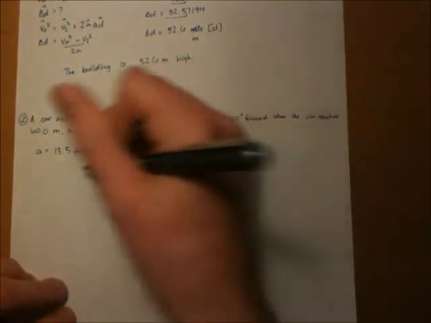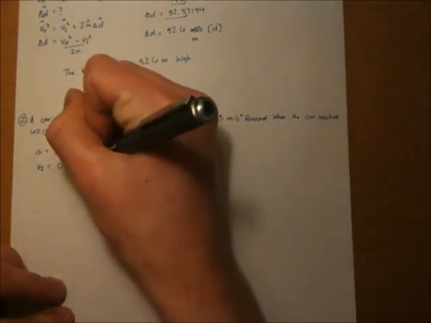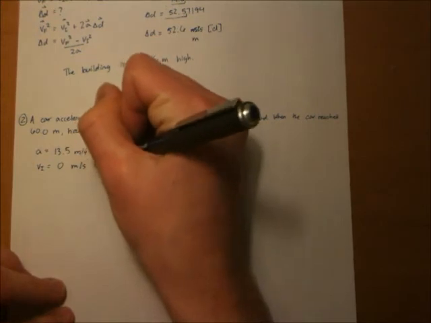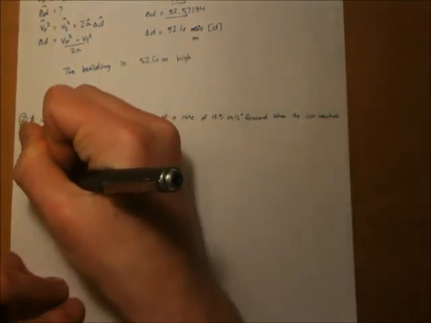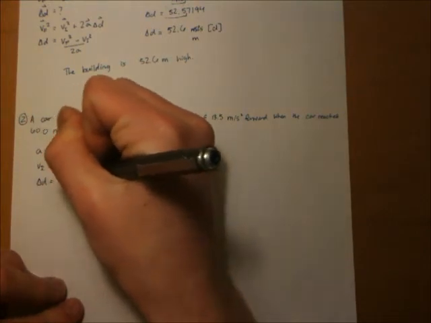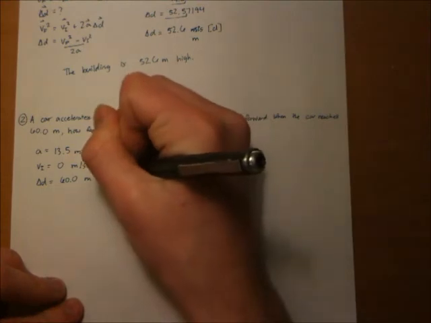The initial velocity is 0 once again. You can also put that in forward because it is 0. And the displacement of the car is 60 meters forward.